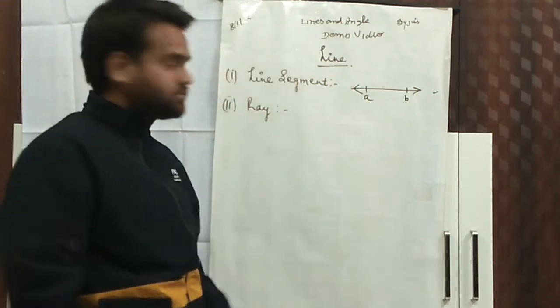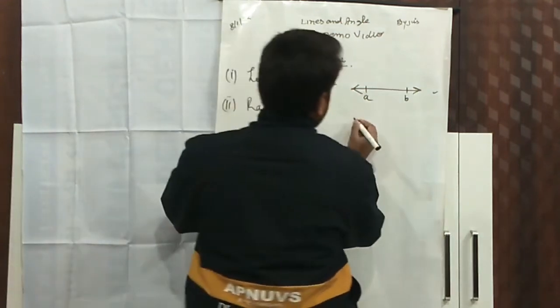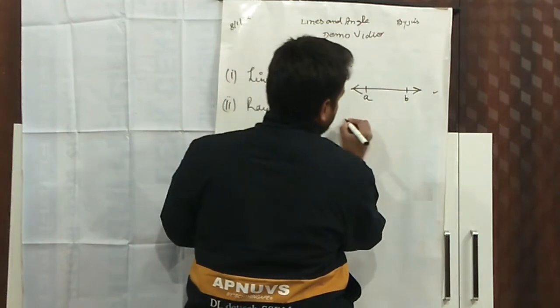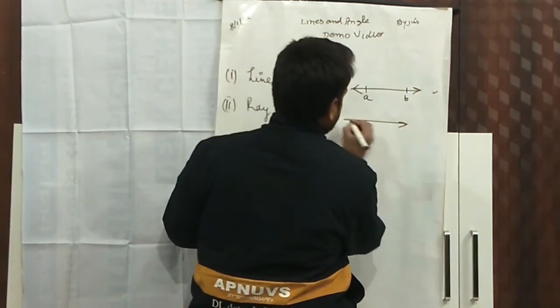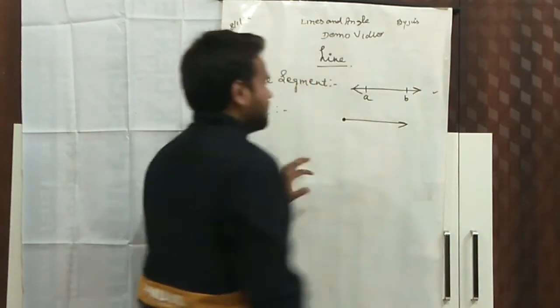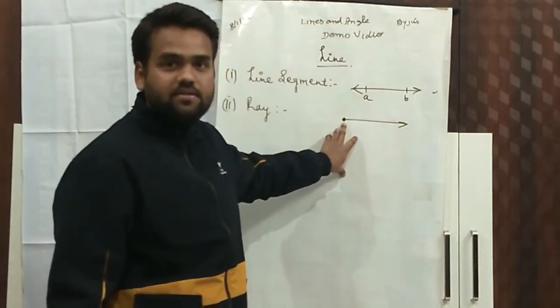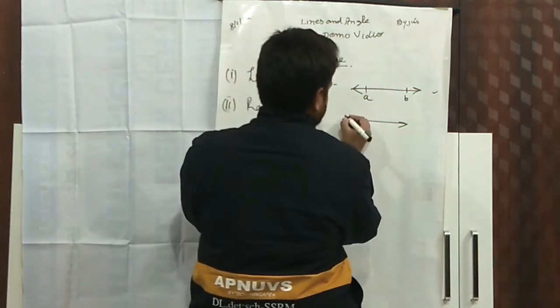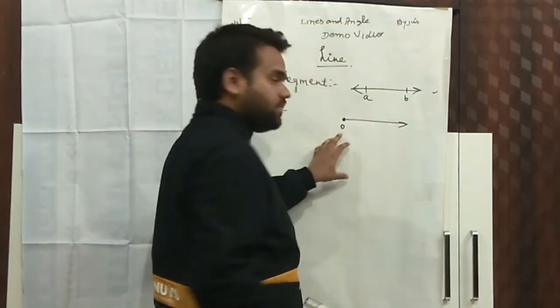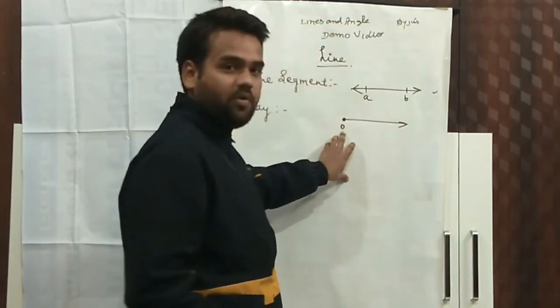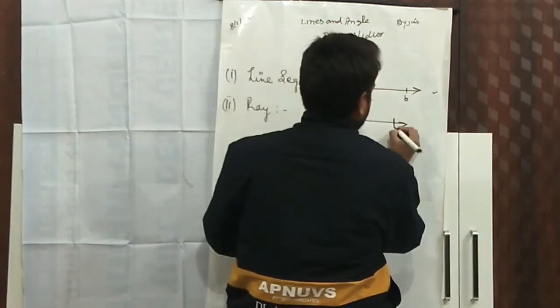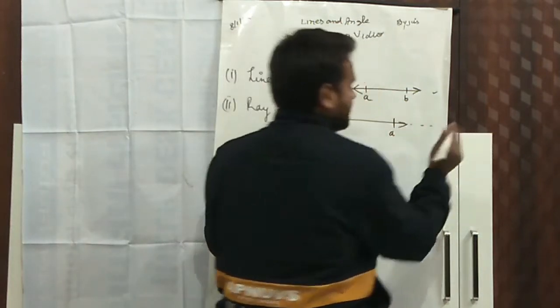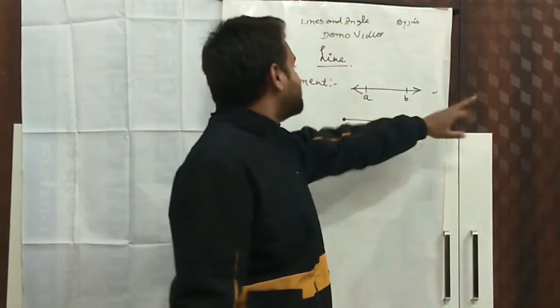What is a ray? Similarly, we have to draw this. We can say that a ray has a starting point from which we can start the ray, and it can be drawn to infinity like this.